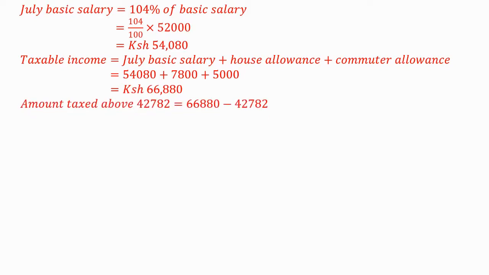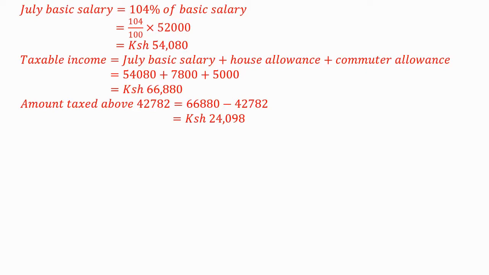Since we have already computed the taxes in each bracket, the only bracket that will be affected is the bracket above 42,782. So the amount taxed there is 66,880 minus 42,782, which is 24,098. So the amount taxed above 42,782 at the rate of 30% was 24,098.